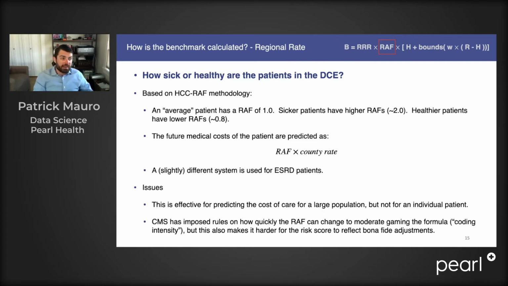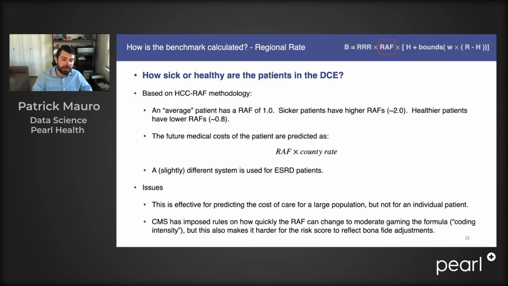Specifically, we found research that shows that the predicted medical costs from this RAF times county rate calculation have about a 34% correlation with the actual costs that are observed in the next performance year. And again, that's good enough if you're CMS looking at an entire country's worth of beneficiaries, and it gets a little worse the smaller the panel size becomes.